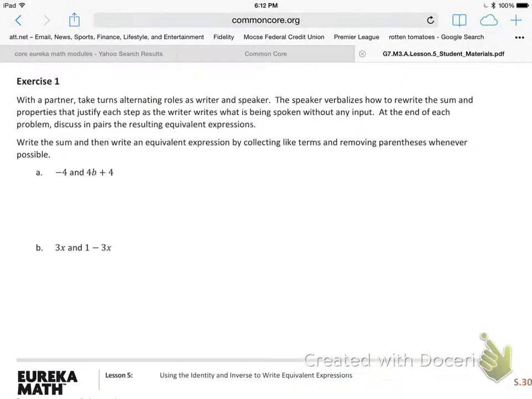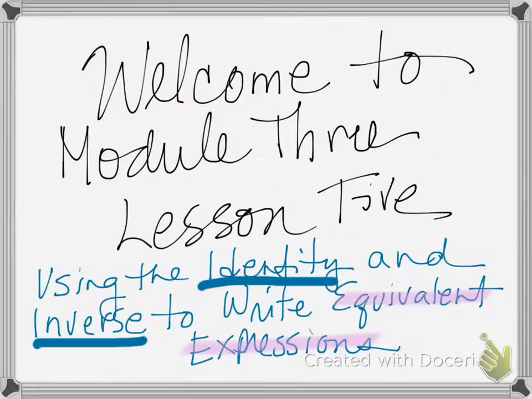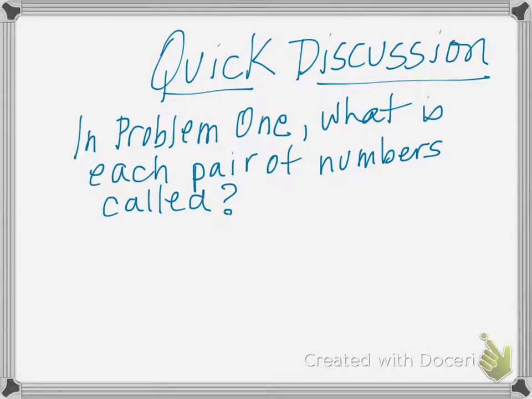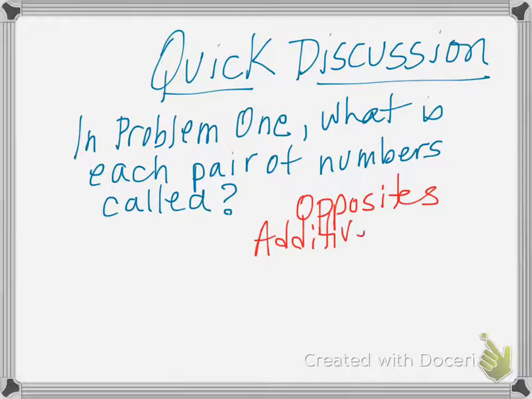All of those are known by the terms opposites, or, which we've been using more and more, additive inverses. So just know that we are going to continually use this vocabulary.